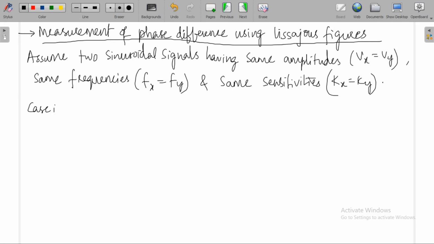Case 1. Let me apply 2 sine 314t. This is Vy.